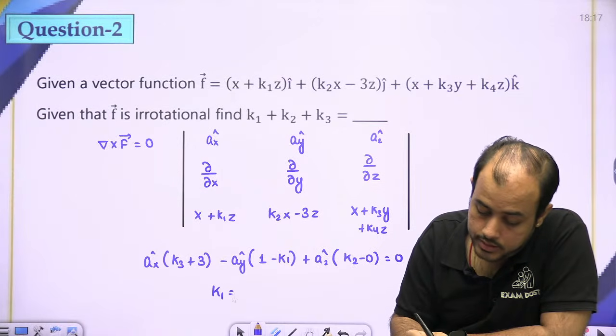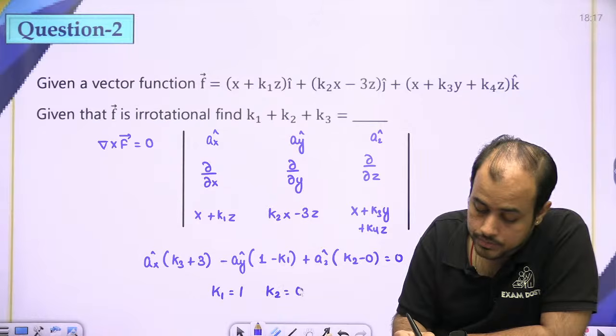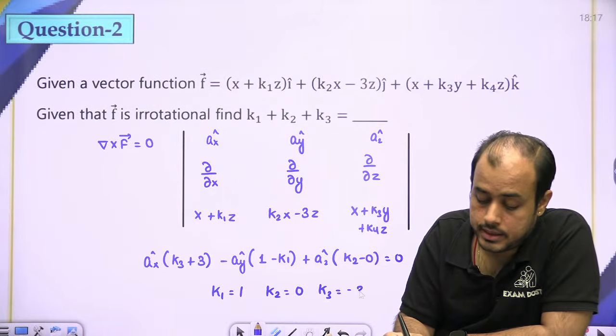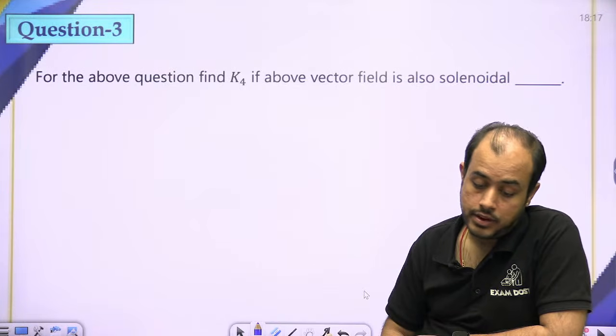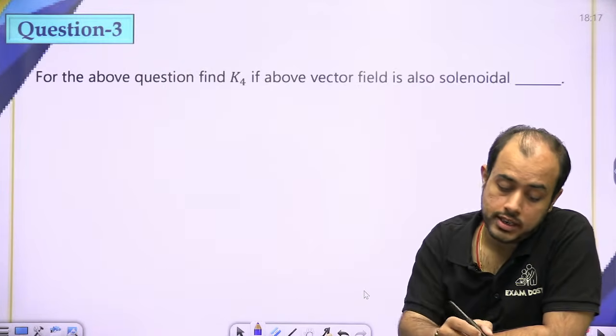So K1 is 1, K2 is 0, K3 is minus 3. 1, 0, minus 3. Find K4 if it is also solenoidal.